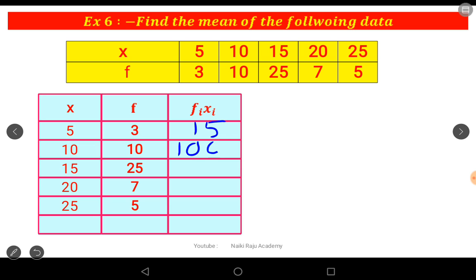Next, 15 into 25: 15 fives are 75, 15 twos are 30, so 375. 27 into 5 is 140, 25 fives are 125. Next, write the sum sigma fi xi, and here sigma fi. Sigma fi is equal to the sum of frequencies. So 12, 37, 47, 50.